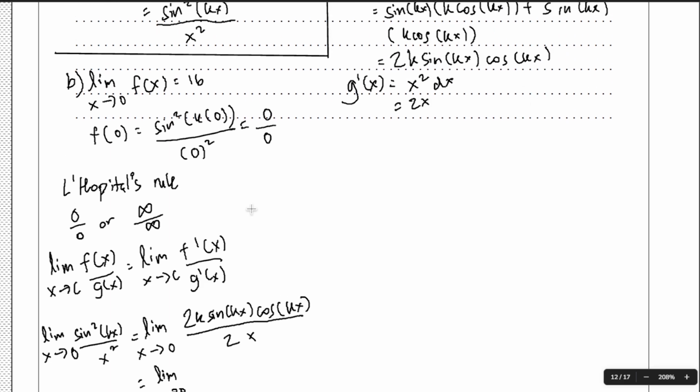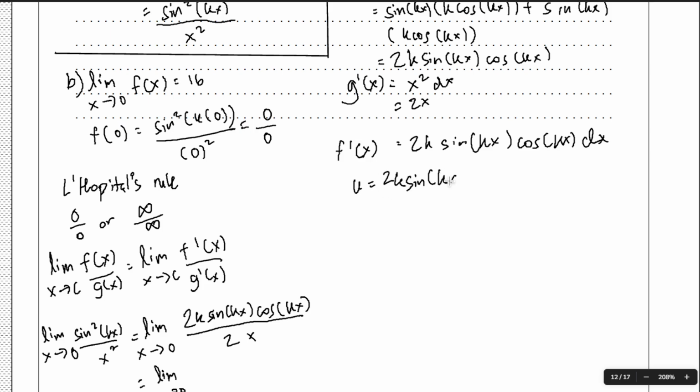So our derivative of 2k sine kx, sorry, my tablet wasn't working. Here we can, of course, see that this can be applied with the product rule, so we can just start off with u = 2k sine kx.